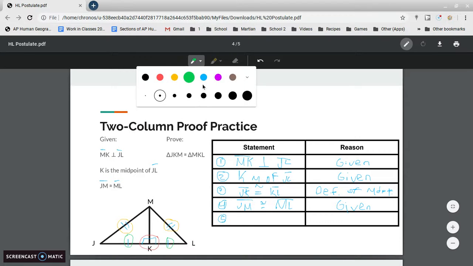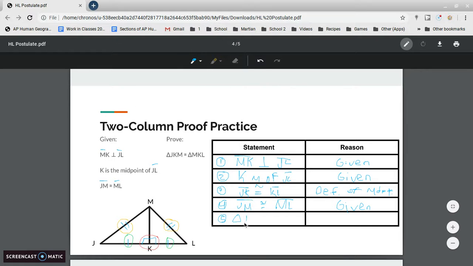So now we can say that triangle JKM is congruent to triangle MKL, and that is because of the Hypotenuse-Leg theorem. That is how you would do that.